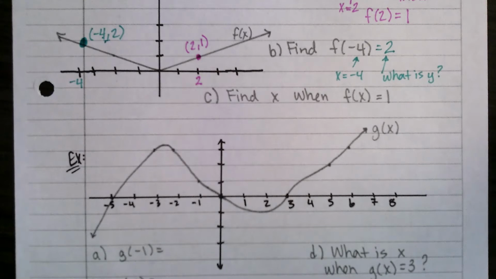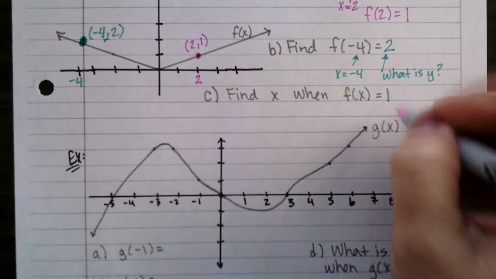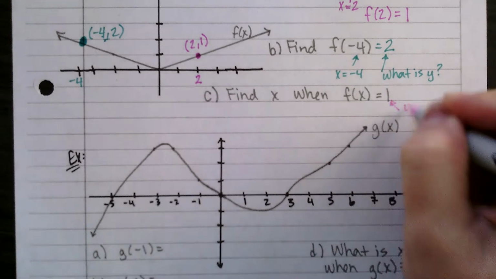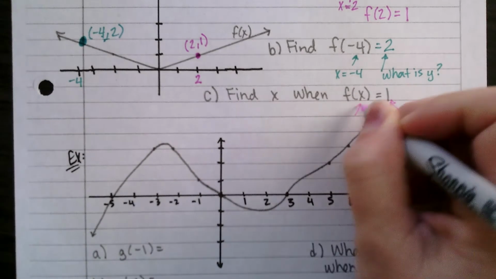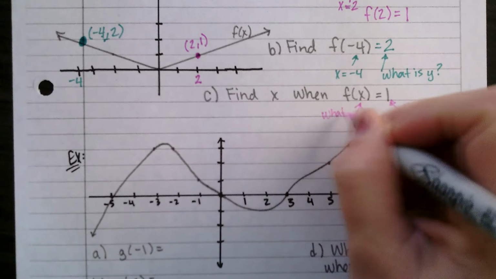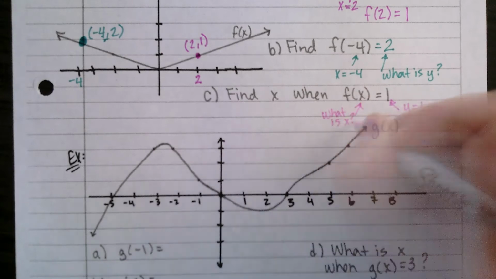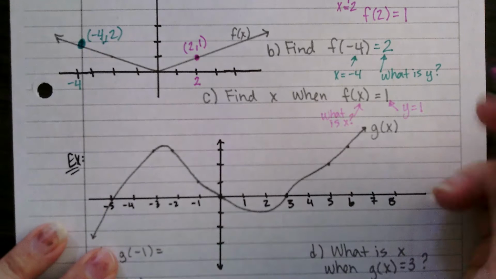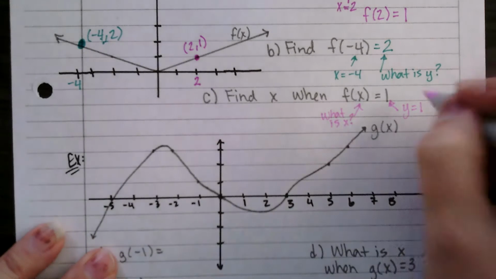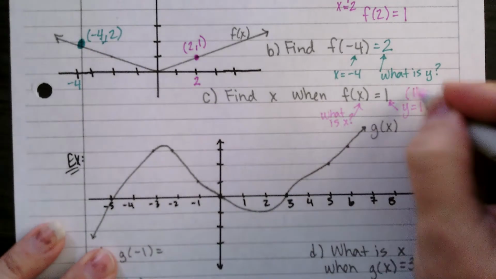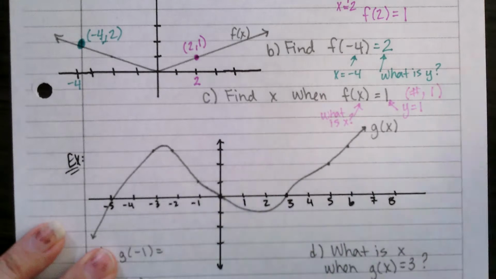Now this last kind is the trickier kind. It wants you to find x when f of x equals 1. So remember, this is our y value. So when y equals 1, what is x? In other words, we have to find ordered pairs on our graph that would be some number, comma, 1.